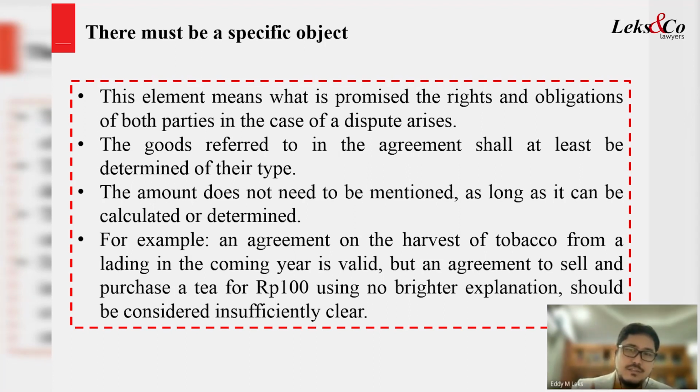So as long as the building is being constructed step by step until it is completed, the mortgage will include everything, the land and the building, even though it is constructed gradually. Okay, so there must be a specific object, the third element. Now the fourth element.